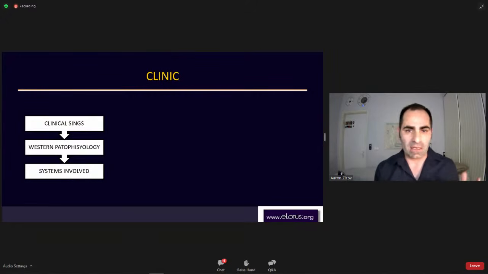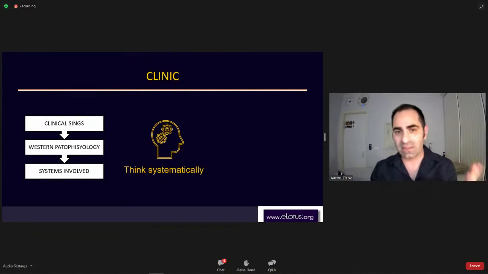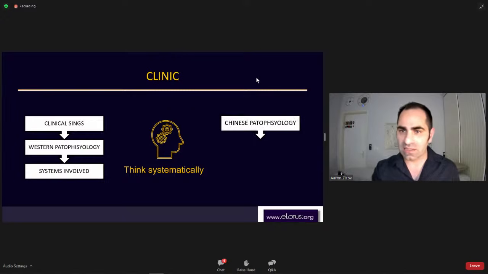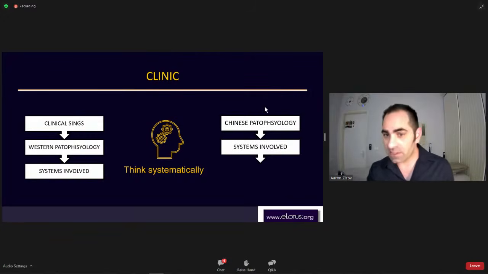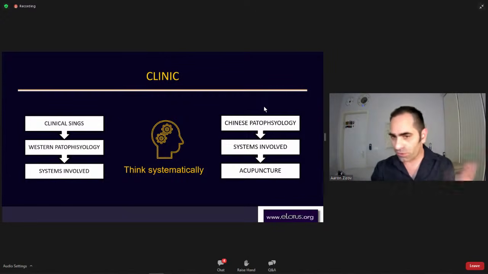Or is it a nerve issue, or just muscles which are too loose and the body is not strong enough to hold everything? We need to understand that, but then we need to think systematically and translate this information to Chinese pathophysiology, understand which system is involved, and then acupuncture or any other system which we think might be beneficial for the patient.